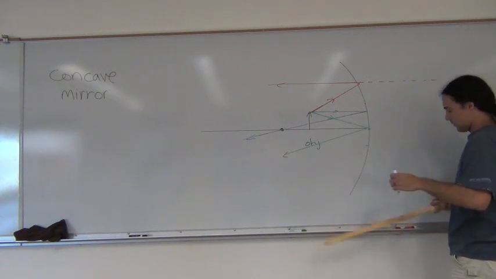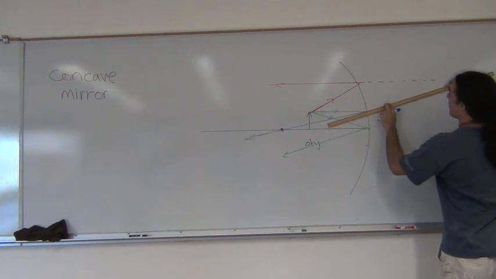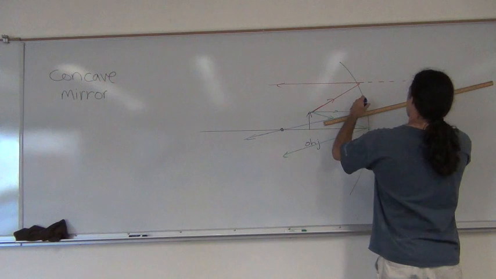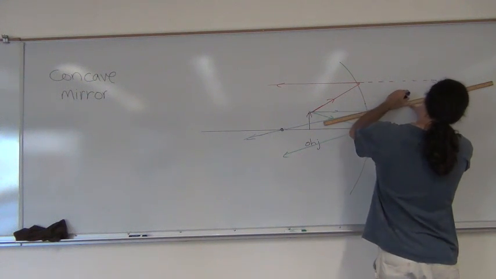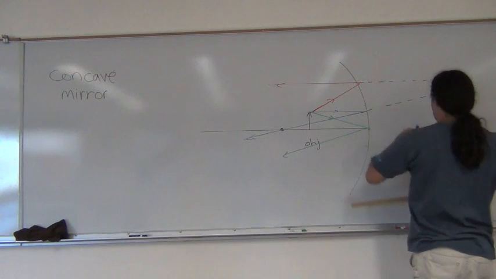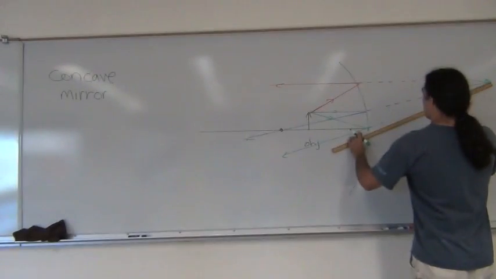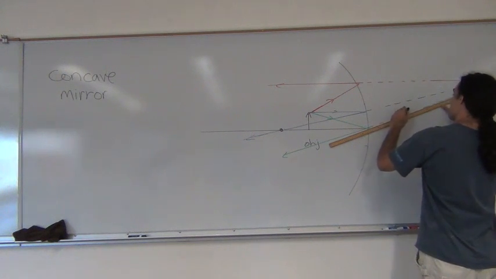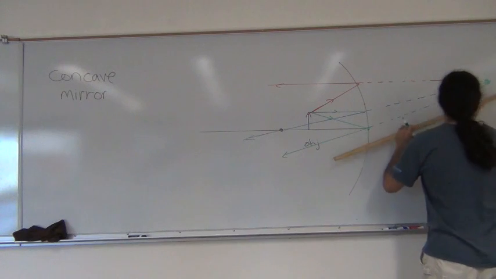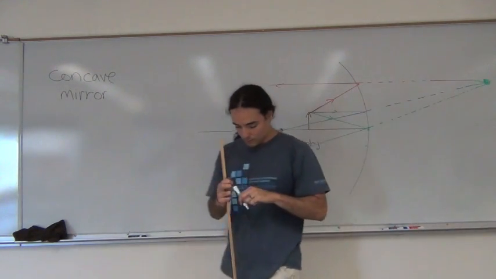My blue light also appears to be coming from behind the mirror. If I can line this up, my reflected ray. My green line appears to be coming from a point behind the lens as well.